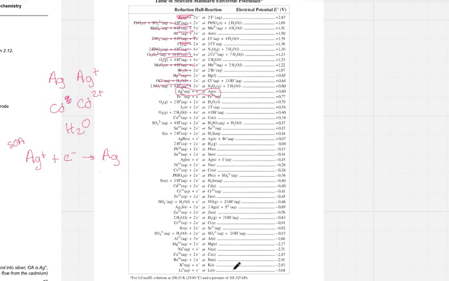To find the other half, we start in the bottom right where the reducing agents are, and we're going to read up until we find our strongest reducer. Is it lithium? No, there is no lithium in our cell. Potassium? No. Barium? No. Calcium? No. Here we get excited for a second because we see silver metal, but this reaction also requires sulfide ions, and we don't have those, so no. Chromium, cadmium right here.